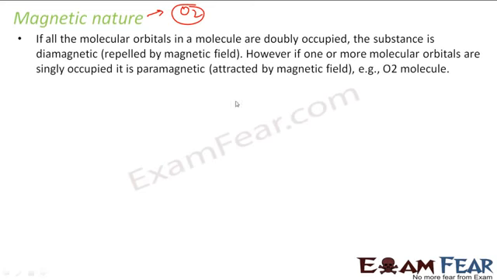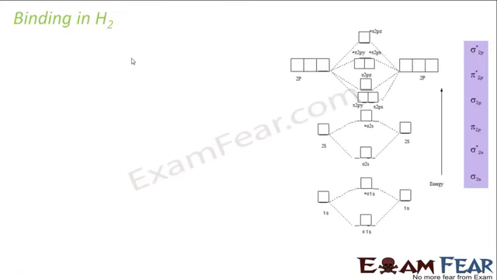It says that if all the molecular orbitals in the molecule are doubly occupied, it is diamagnetic, and if one or more molecular orbitals are singly occupied, it is paramagnetic. If it is paramagnetic, it will be attracted by a magnetic field. If it is diamagnetic, it will be repelled by a magnetic field. Correct?